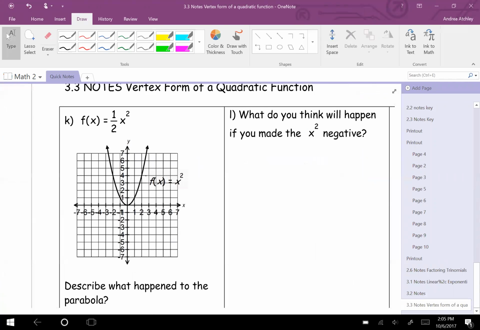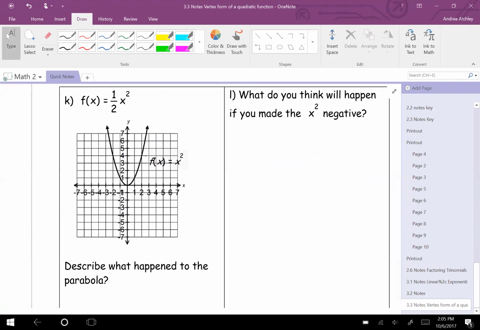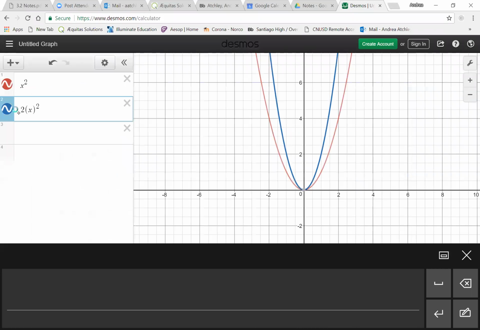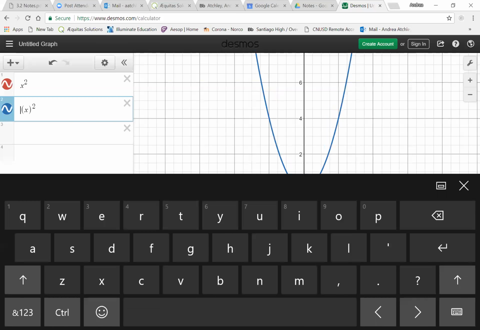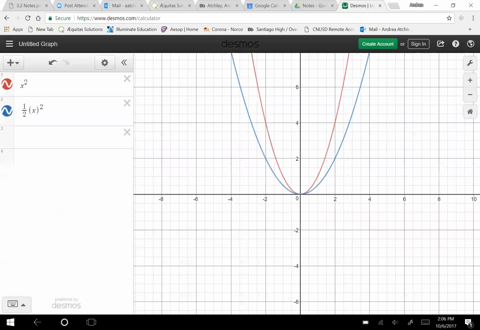Okay, so what happens if I take half of the area? It's going to get wider. Okay. Let's see. And it did.